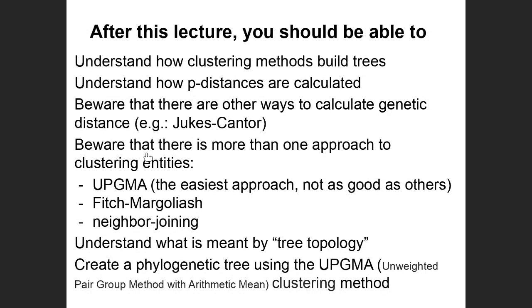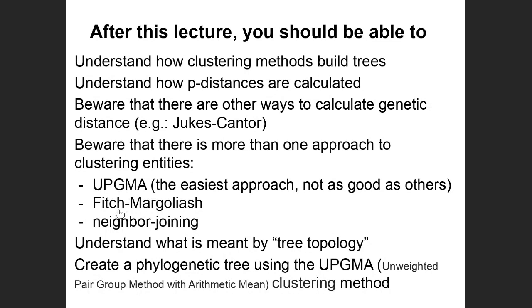So there are different ways of clustering, as I said up here. We're doing this one, UPGMA. It's the easiest. It's not as good as these other two, but it's the first one. So historically, this was the first way that people came up with how to group, how to cluster the entities.